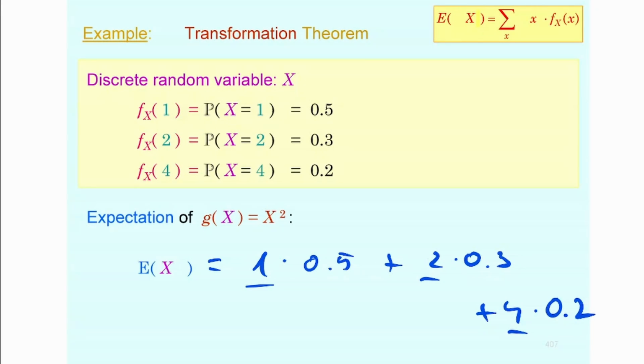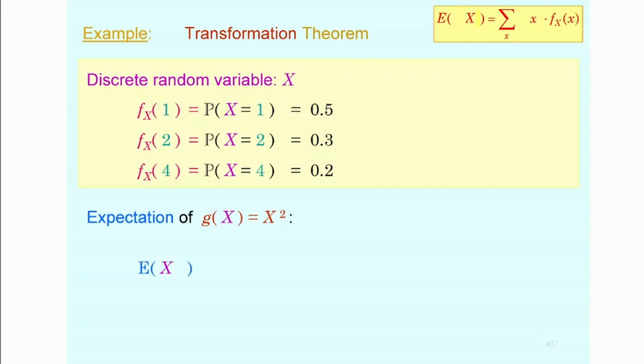And if you consider their squares and you want the expectation of their squares, you just square the realization. So that's 1 squared times the probability plus 2 squared times its probability plus 4 squared times its probability.